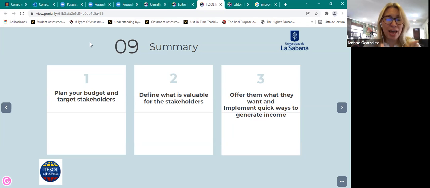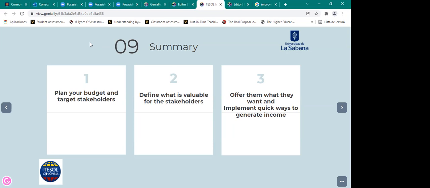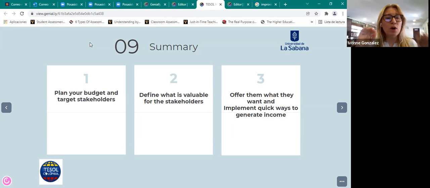With that in mind, you can create the budget and you will know exactly how much money you need. When you know how much money you need, look at the stakeholders, analyze them, and plan how much you want to get from internal efforts and how much from external sponsors. With that in balance, you will know how to plan the activities and, most importantly, the strategies to implement those activities and to approach the sponsors.